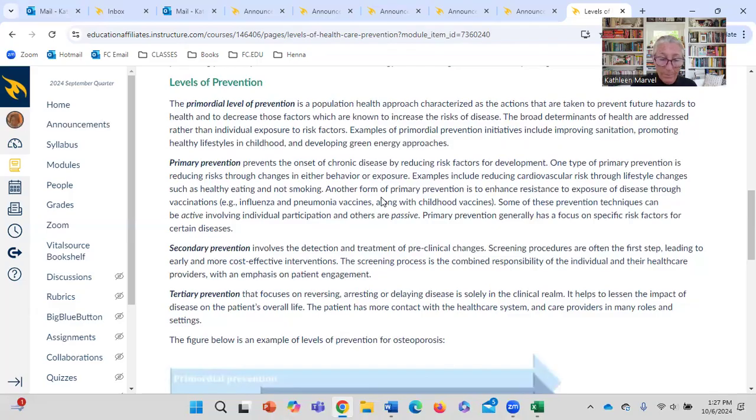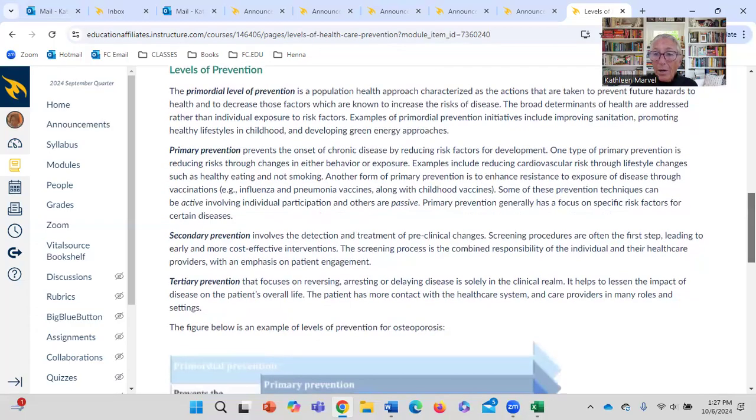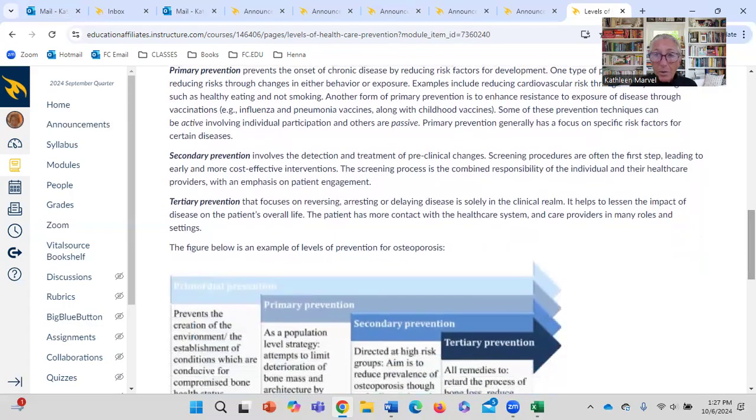And then tertiary is the management. The important factor with tertiary prevention is that they already have to have something. An injury has occurred, an accident has occurred, a diagnosis, a condition. So we're trying to manage the disease, to reduce the symptoms and improve the quality of life.